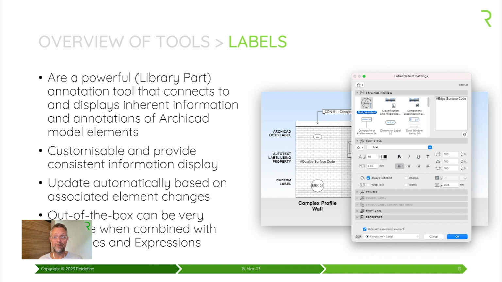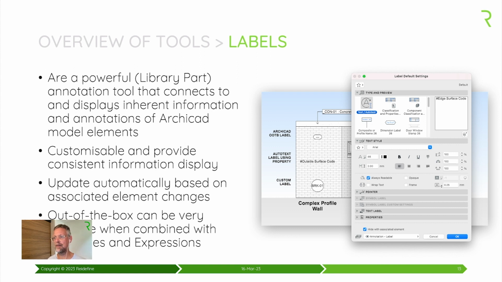Labels, hopefully you've all used labels before. Again, they're powerful library parts, so they're all coded with GDL, and they're an annotation tool that connect and display inherent information and annotations of Archicad model elements. Again, if we talk about that fire rating, if you've got a fire rating inside the wall, the label can connect that fire rating and represent it in the tag, or in the label, should I say.